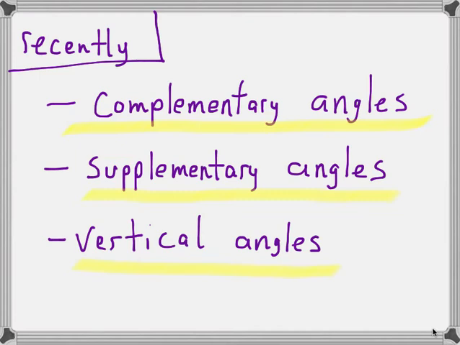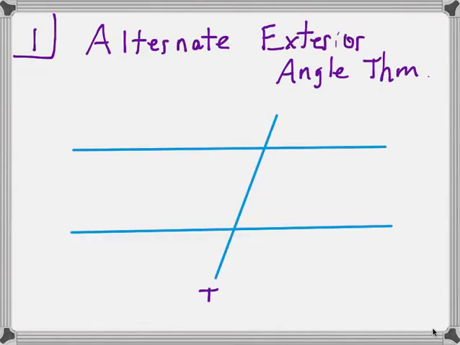So let's look at the three new terms that I want you to understand and be able to use for tomorrow. Alternate exterior angle theorem. Okay, let me change colors here. Let's say we have angle 1 right here, and we'll name the other angle, in green, angle 2.